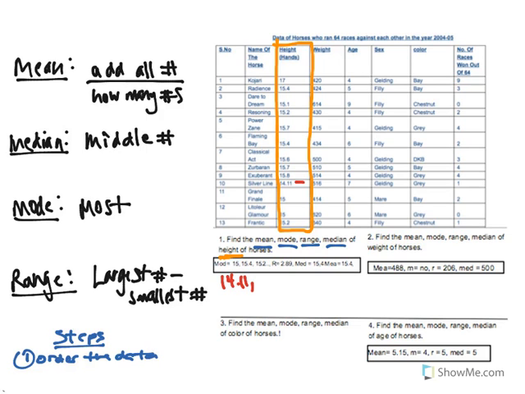The next number, which is going to be just 15, I have two of those, so I put down two 15s. Next, I have 15.1 right here. Then I have 15.2, so that's two 15.2s.